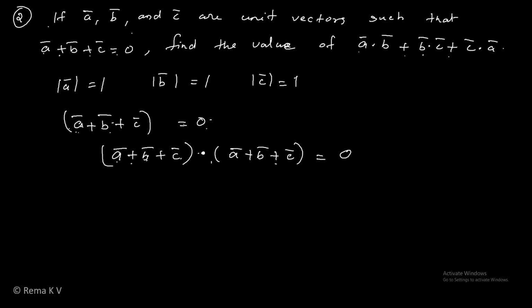Now let us multiply the terms here. Vector A dot vector A, it is modulus of vector A square.